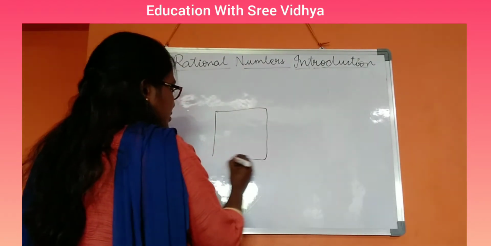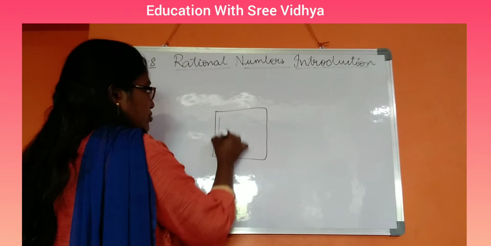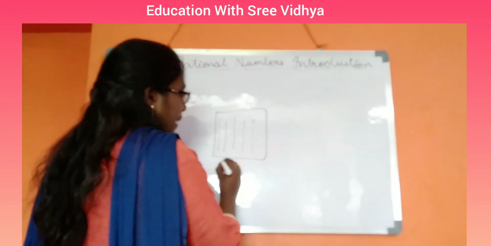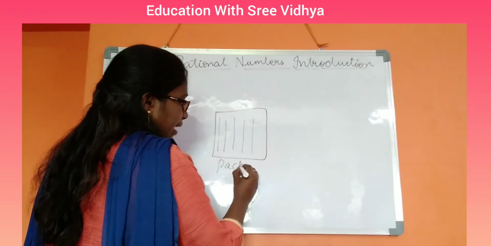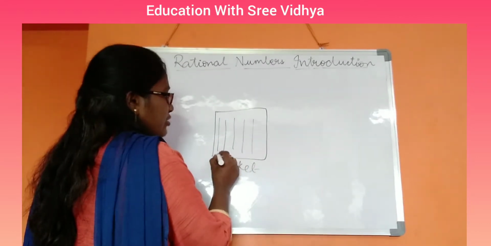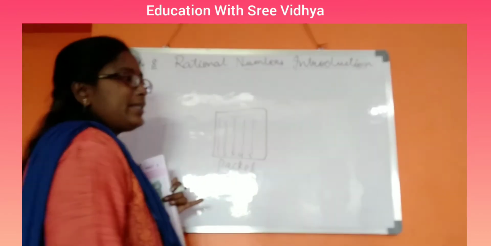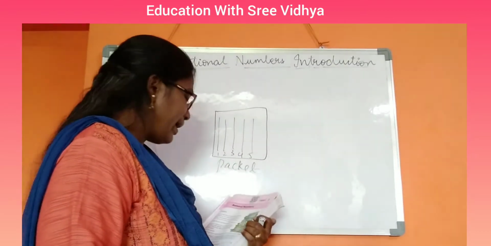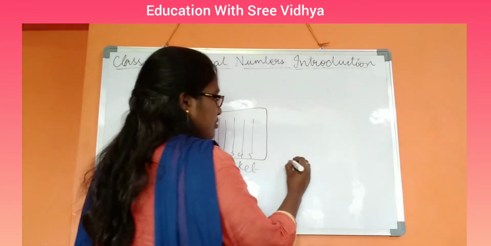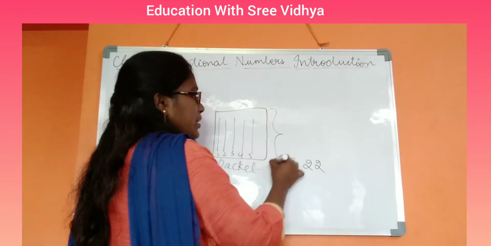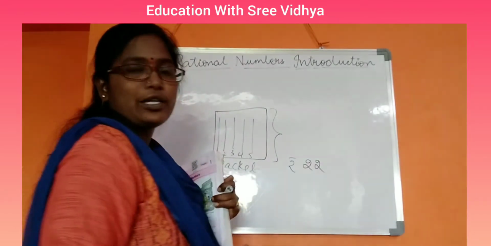In a package there are 5 markers in it, 1 2 3 4 5, and the shopkeeper told you the price of 22 rupees. So the total packet price is 22 rupees.